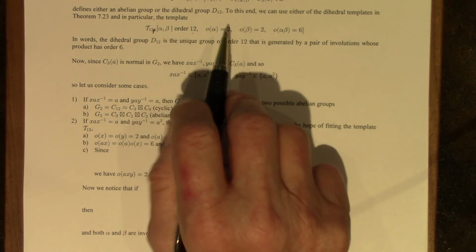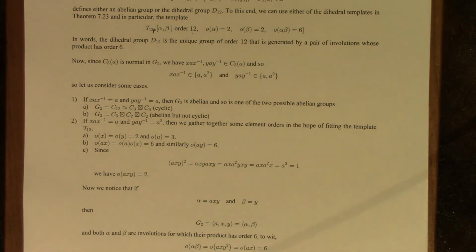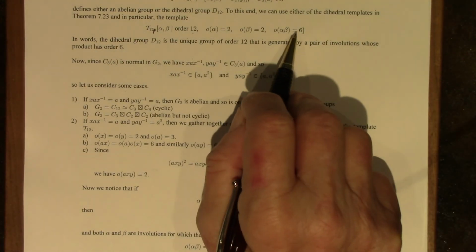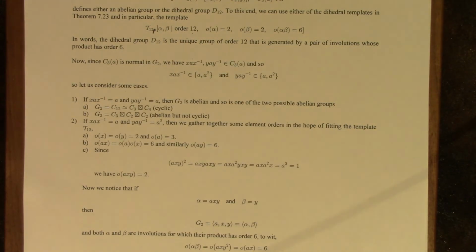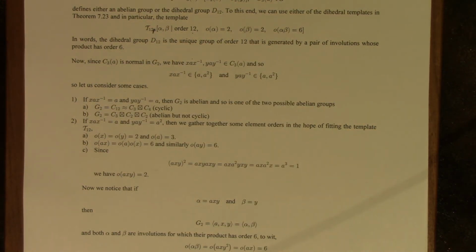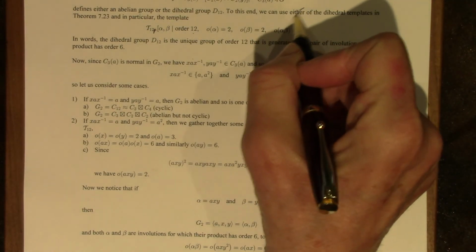The group has order 12. The 2 elements are involutions, and their product has order 6, which is half the order of the group. In words, the dihedral group D12 is the unique group of order 12 that's generated by a pair of involutions whose product has order 6. Okay. So this should really be any.